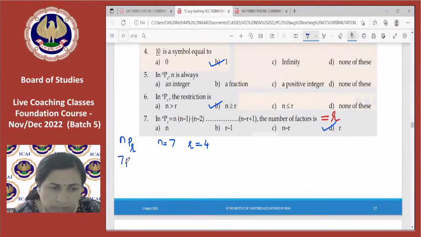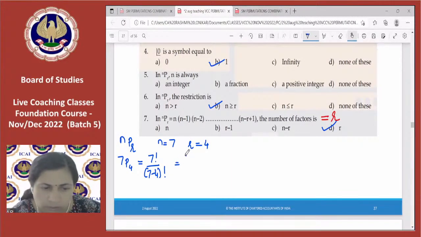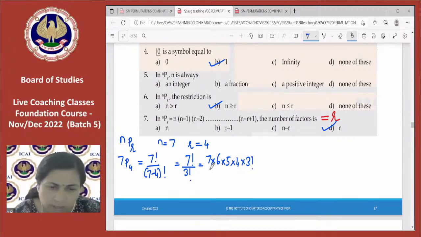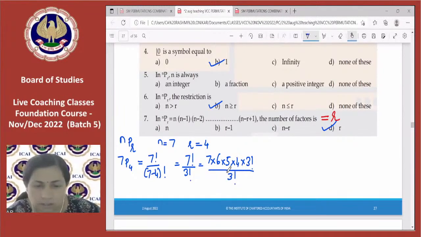So 7P4 is equal to 7 factorial upon 7 minus 4 factorial, which is 7 factorial upon 3 factorial. So 7 into 6 into 5 into 4 into 3 factorial upon 3 factorial, so 3 factorial gets cancelled.